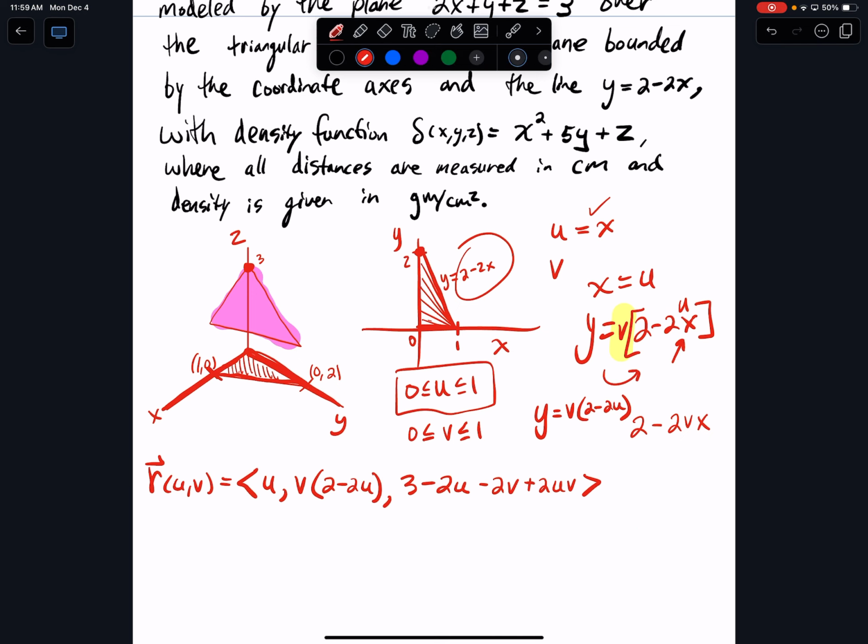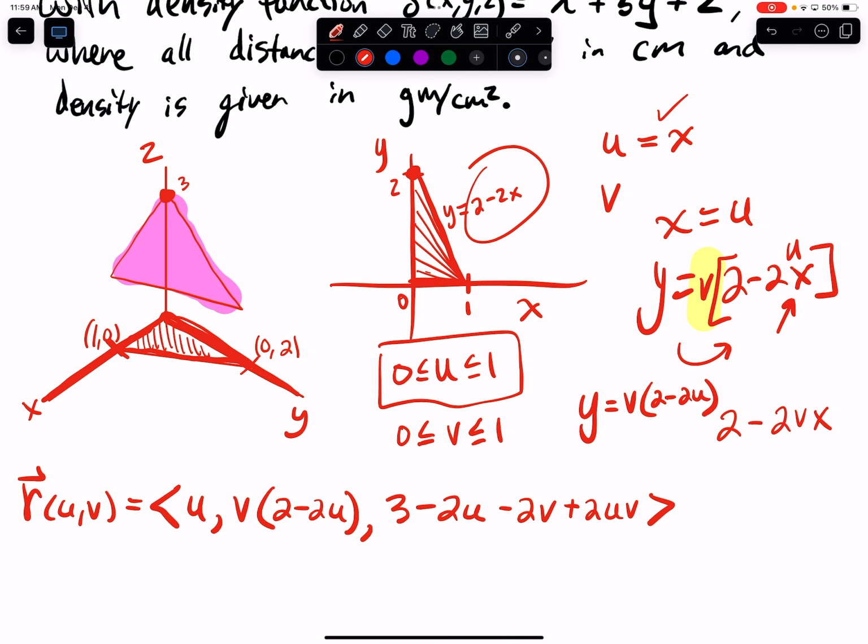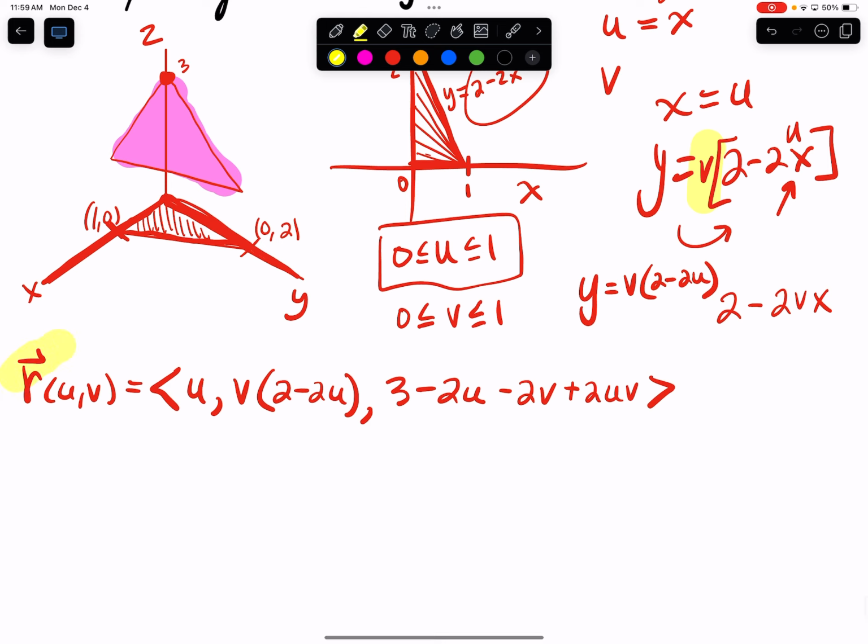So what do we want to do now? Well, now we need to calculate the magnitude. We need to find the derivatives with respect to u and v. Let's do R_u. So that's 1, and then 0 for the derivative of v times 2 minus 2u? No, that's negative 2 times v, negative 2v.